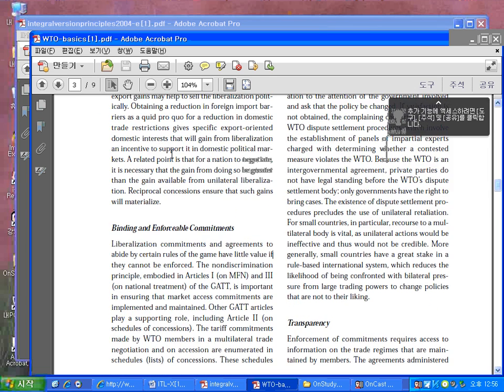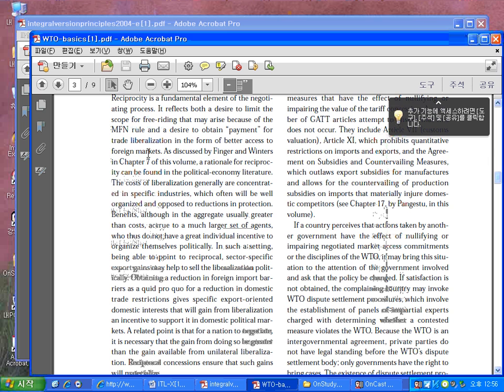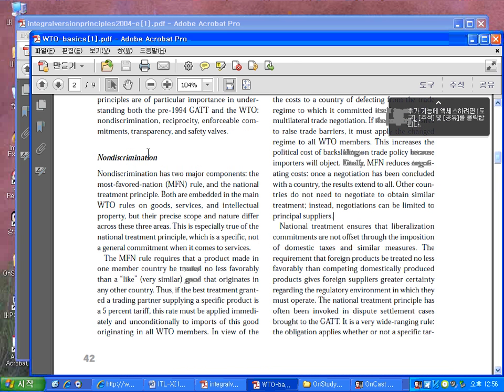This principle has evolved from the GATT, and is also a heritage principle from international public law. And this concept is identical in basic aspect in the GATT and WTO.